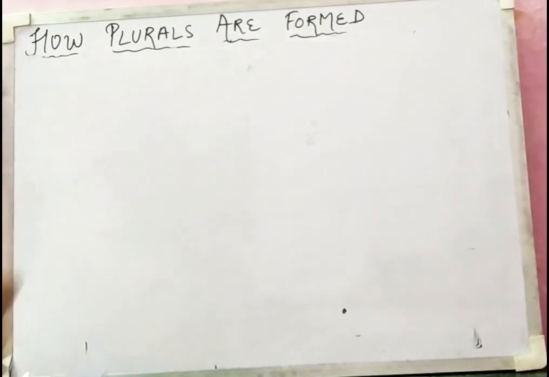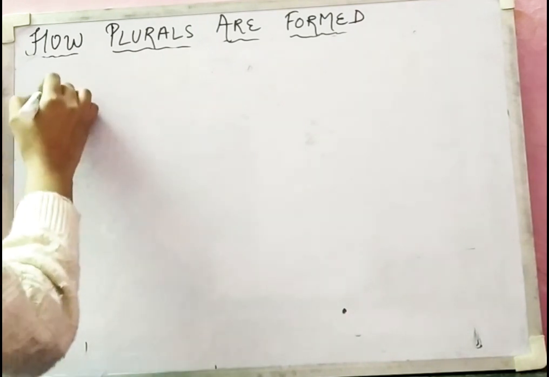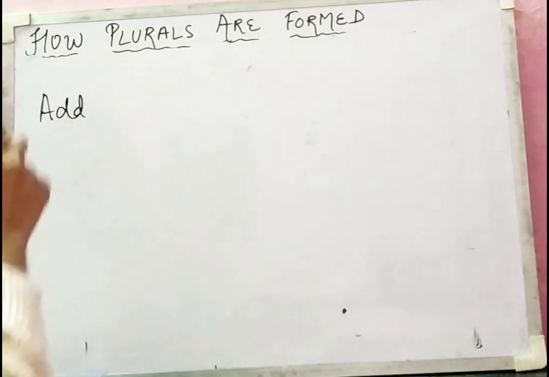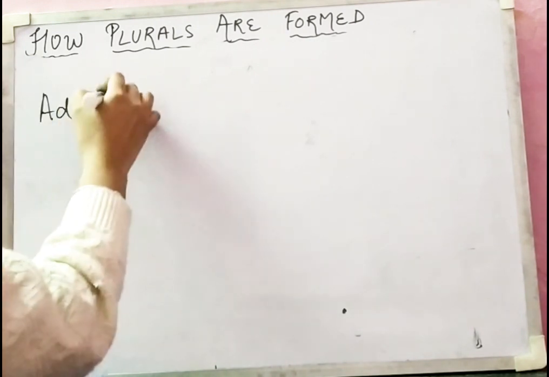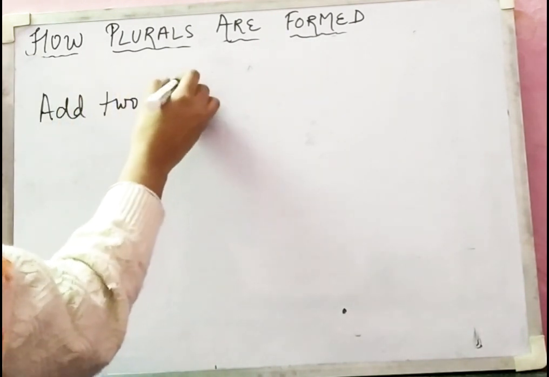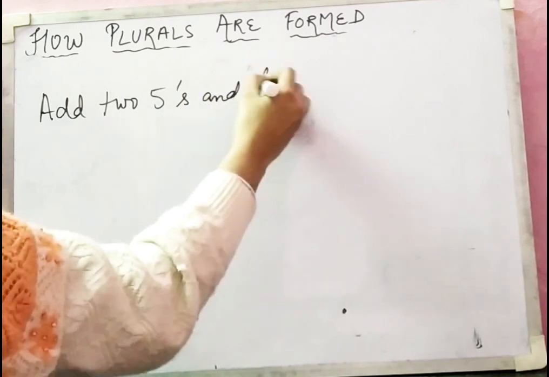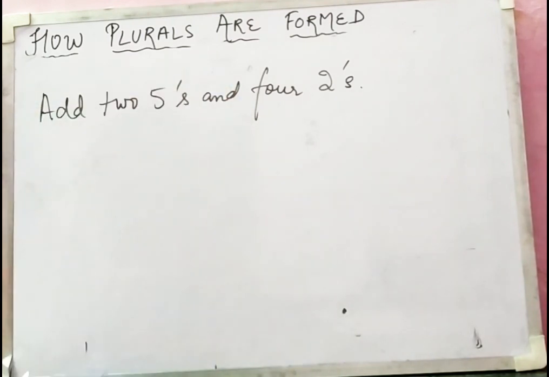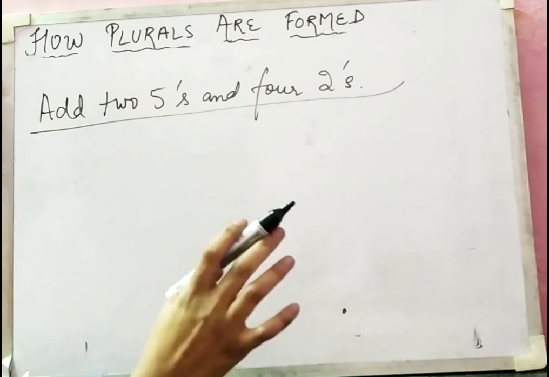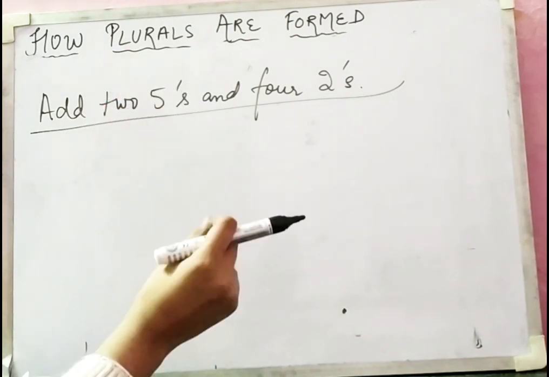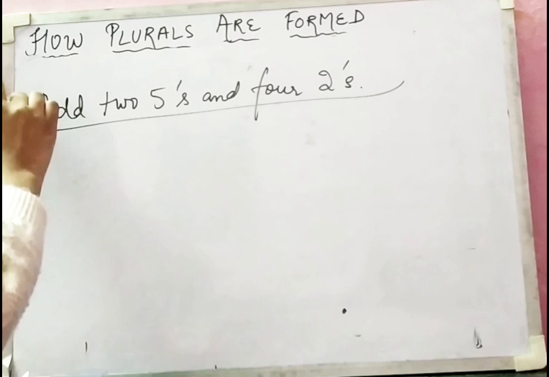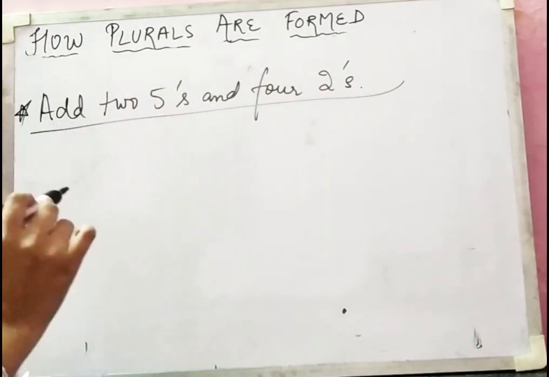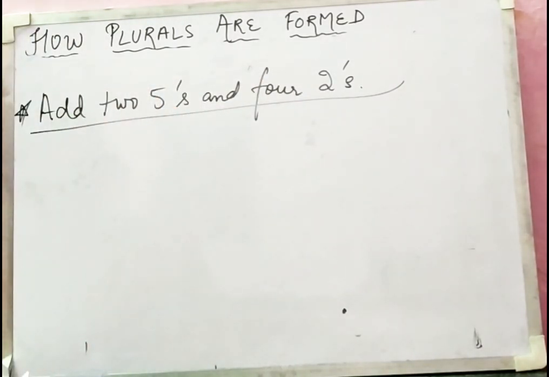I can give you one example: add 2 5's and 4 2's. Here apostrophe is there and s is there. What I have told you, that letters, figures and other symbols are made plural by adding an apostrophe and s, this example denotes that. So I think this much is clear to you.